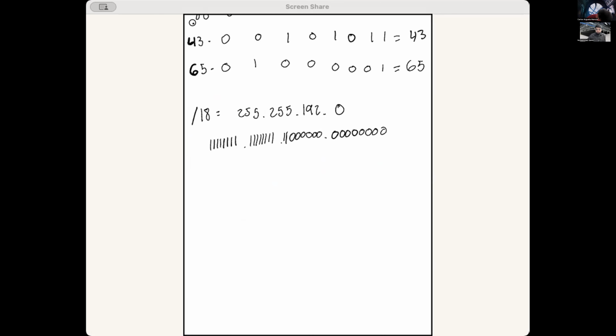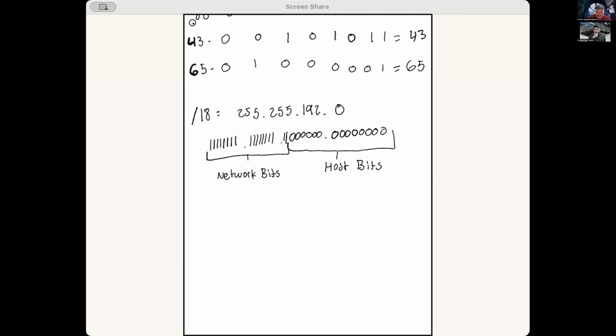Okay, so back to what we were talking about here. This portion here is called our network portion, network bits, and this portion here is called the host bits. For the sake of how many usable IP addresses we have, we know that we have 2 to the power of 8 plus 6, so 2 to the power of 14.